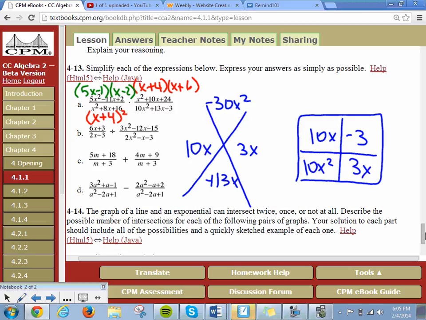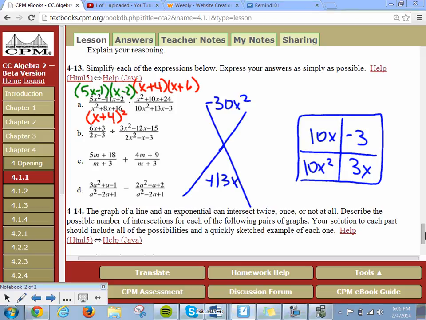And over here we'll have a 10x and a 3x. All right. So again, let's say we want a negative over here. I'm doing something wrong. In order to make a negative 3, oh, I need to have one of these be negative. Shoot. Looks like I need to go back and try this again.